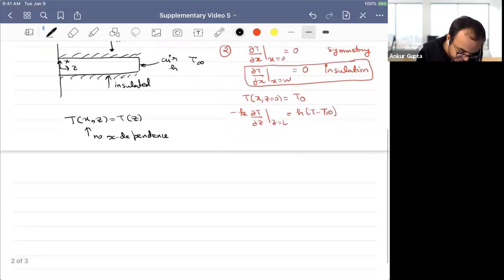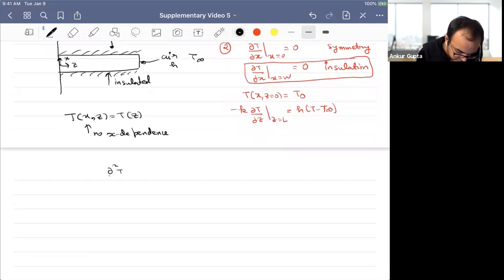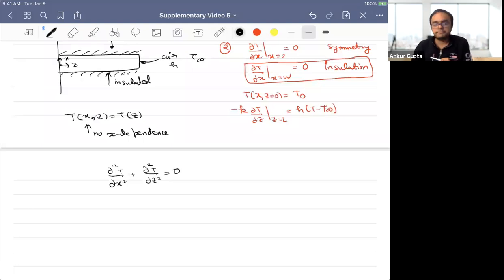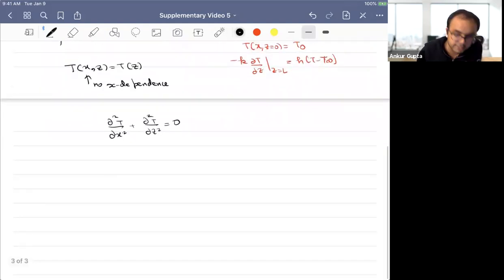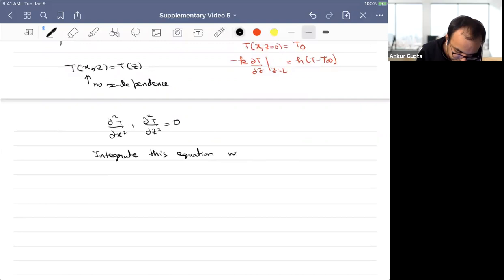So let's go back here: del square T by del X square plus del square T by del Z square is equal to 0. Now what I wanted to say is let's integrate this equation with x, and we want to do that because we know the fluxes at two different conditions.